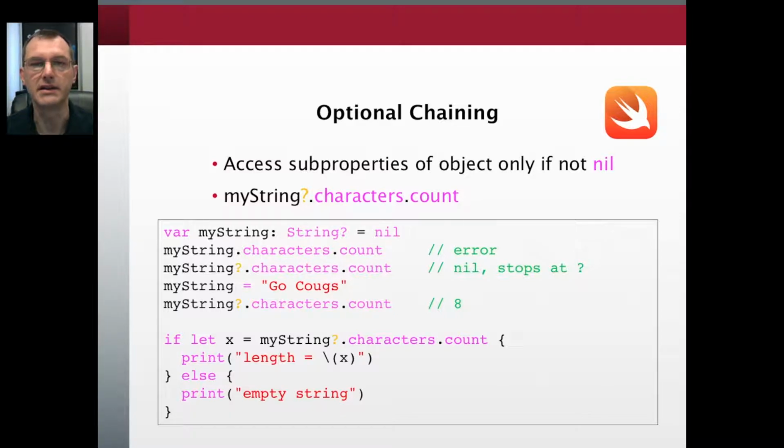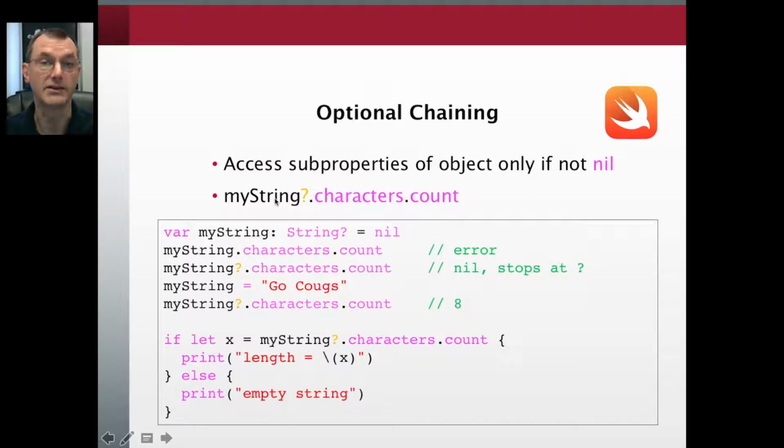But if it's set to nil, normally that would generate an error if we try to access a subproperty of it. But by using optional chaining, which is essentially putting in this question mark as we try to access the various subproperties, it will stop. So if my string is set to nil, when it hits this question mark, it'll say, I can't go on anymore, I'm just going to return nil.